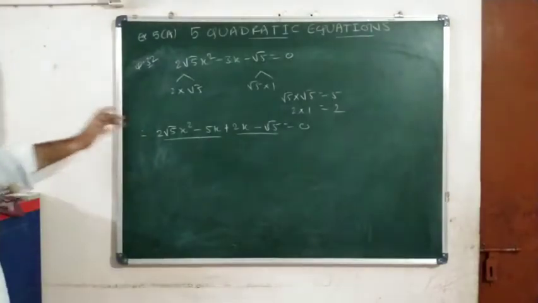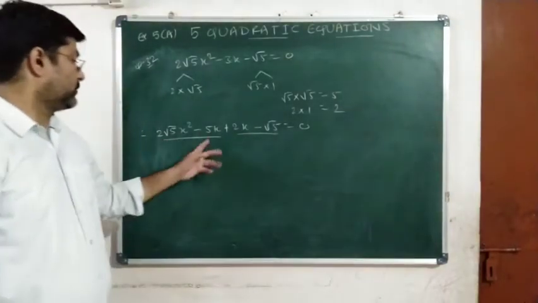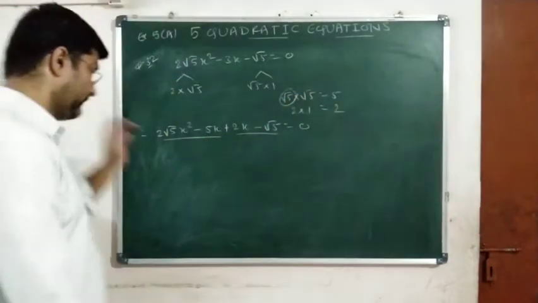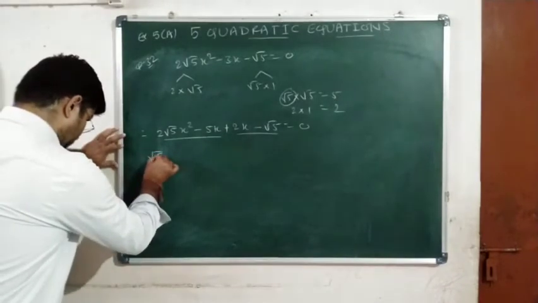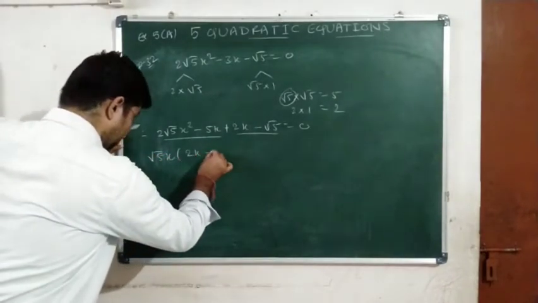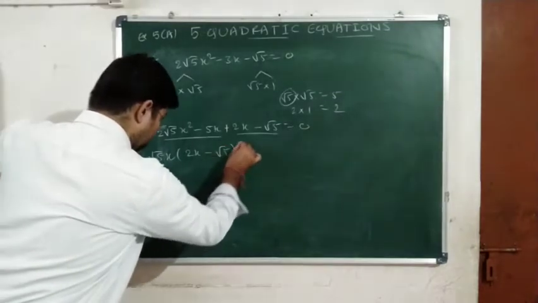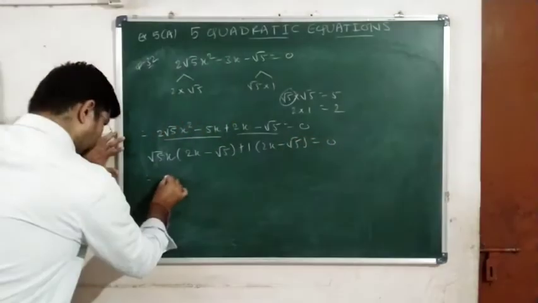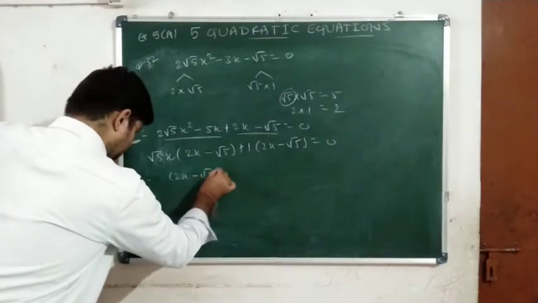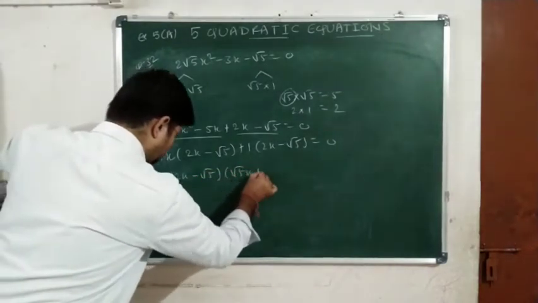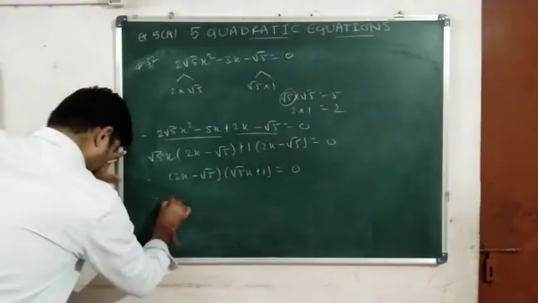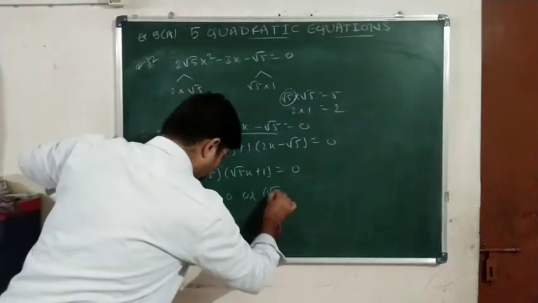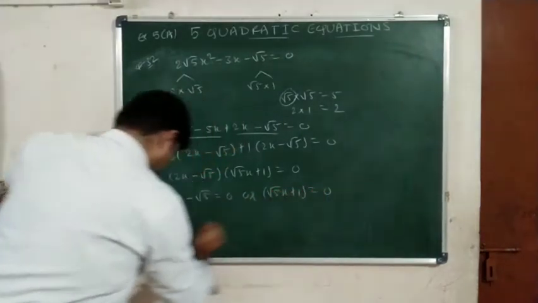Now taking common. Okay, from the first two terms we can take root 5x common. Yes or no? From 5, if you take root 5 common, root 5 is left. So root 5x if you take common, 2x minus root 5, plus 1, 2x minus root 5. Therefore 2x minus root 5 and root 5x plus 1 is equal to 0. Therefore 2x minus root 5 is equal to 0, or root 5x plus 1 is equal to 0.